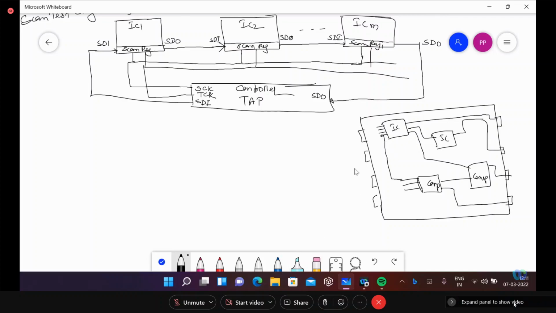This becomes your wiring, and this is your component. And the connectivity you need to see is from these external inputs to external outputs. These are the things available for the external world.